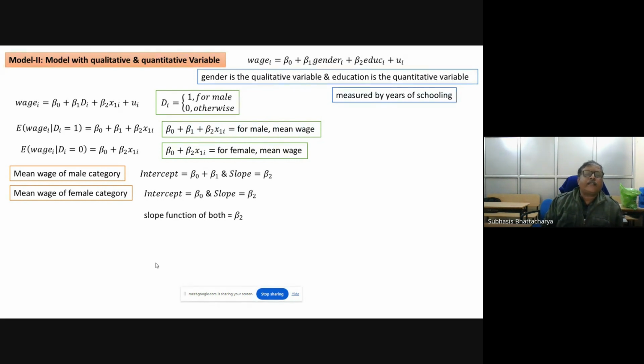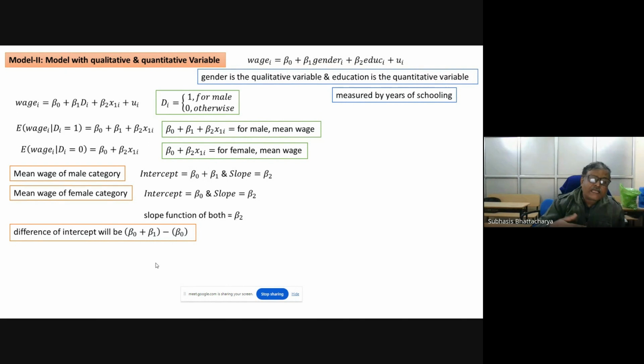Because x1i is what? Education. That means years of schooling. If a boy or girl has an extra year of education, what is their return from education in terms of wage? It is the same, both for the male and the female, because all these are equal to beta 2. That means the difference is in the intercept. For the male, the intercept is beta 0 plus beta 1, and for the female, the intercept is beta 0.